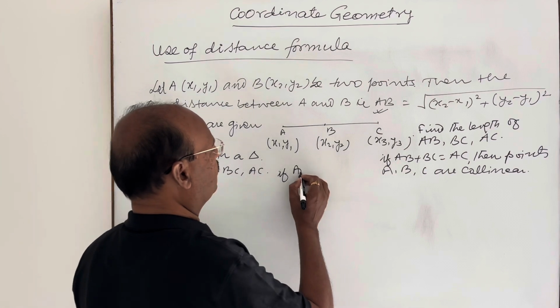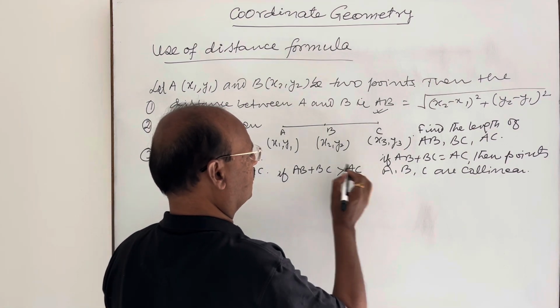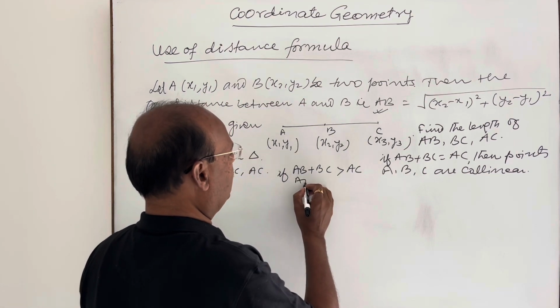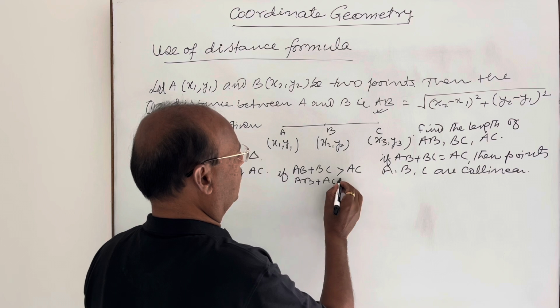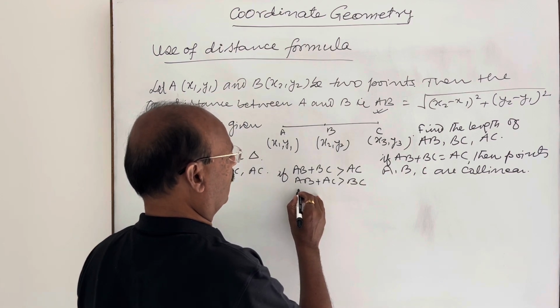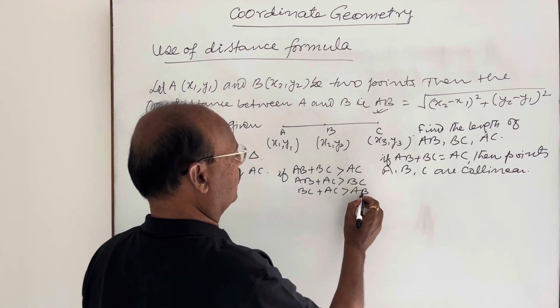If AB plus BC is greater than AC, and also AB plus AC is greater than BC, and BC plus AC is greater than AB.